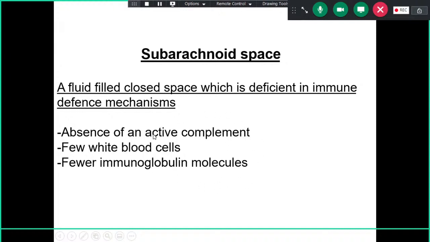Why is it? It's because if you have a large number of immune cells inside the brain, any kind of inflammatory process that involves these immune cells or immune components will destroy the neural tissue.